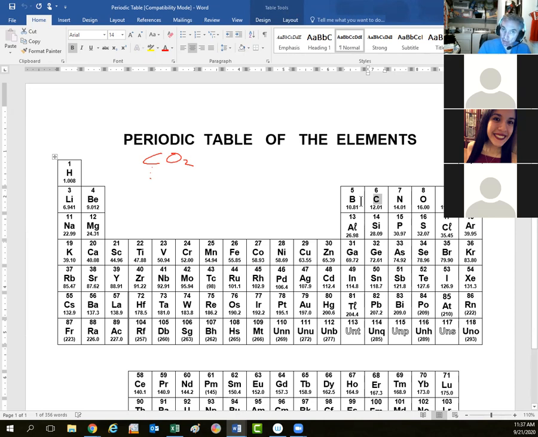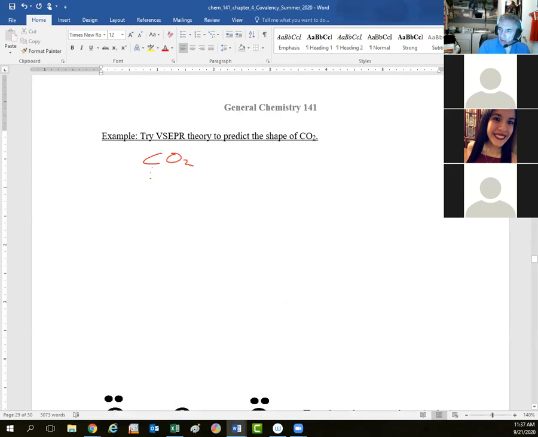It's got 4 electrons in its second shell. Oxygen, it's the 1, 2, 3, 4, 5, 6th element in the second row. It's got 6 electrons in its second shell. And so 6 electrons for each oxygen, 4 electrons for the carbon. We get a grand total of 16 electrons.